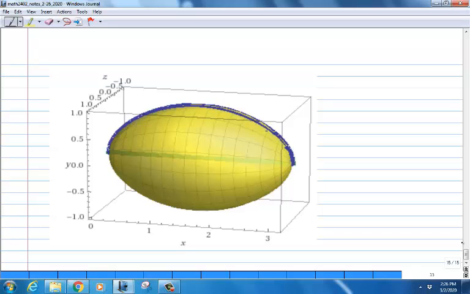So somehow I've got to cut that football into pieces, hopefully pieces that I can measure the volume of, and then add all those volumes together to get at least an estimate for the total volume of the football. So that is the definite integration strategy.